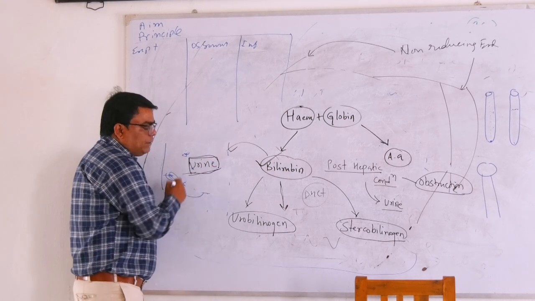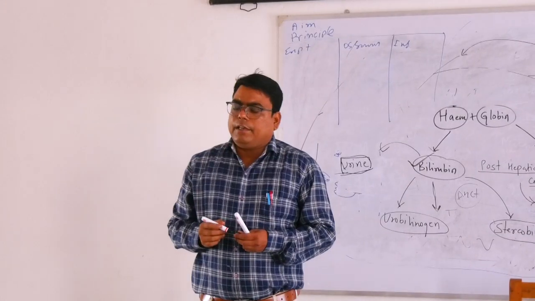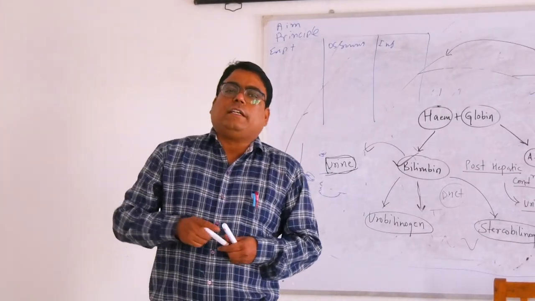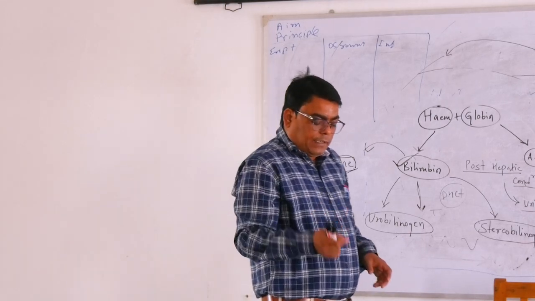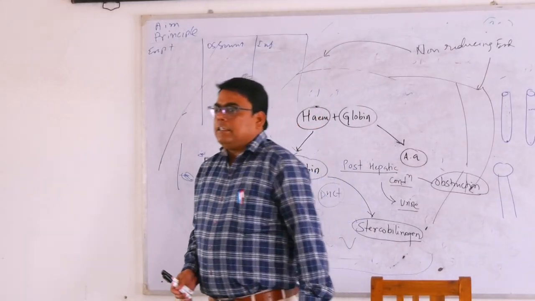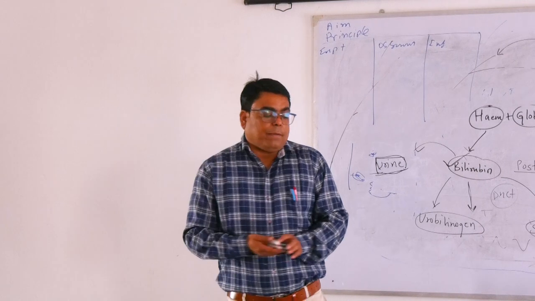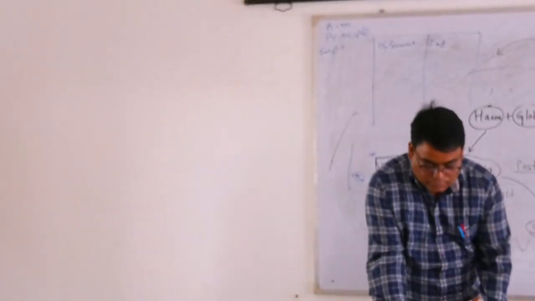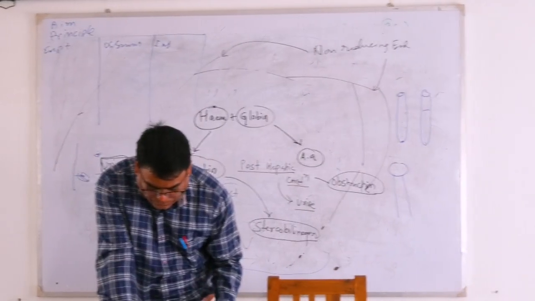For the identification of bilirubin in the urine, we perform Fouchet's test. So now make the heading: test for bile pigment.